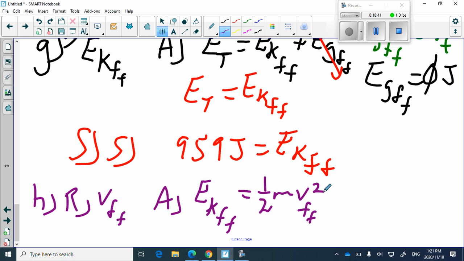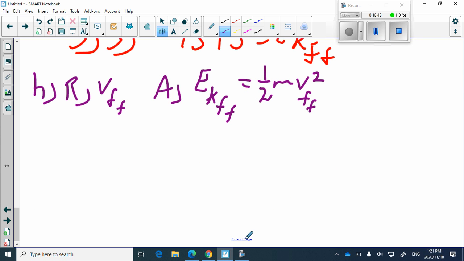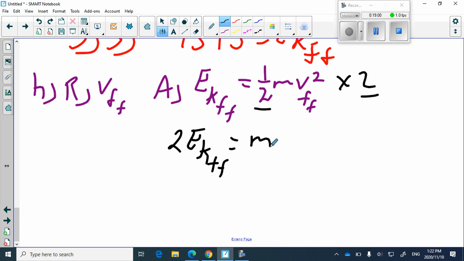Yes, you can. All you have to do is rearrange this equation. You multiply both sides by 2, so it becomes 2 kinetic energy final. A half times 2 leaves me with 1, so I don't even write the 1 down. I multiply both sides by 2.